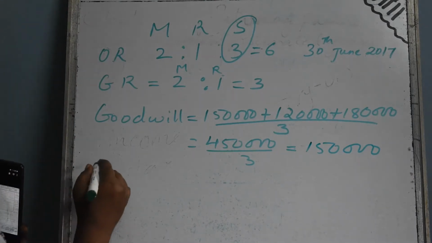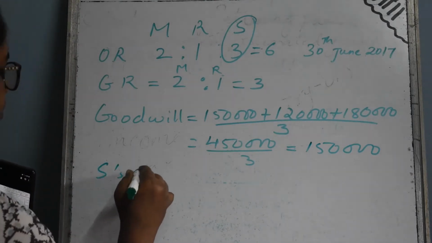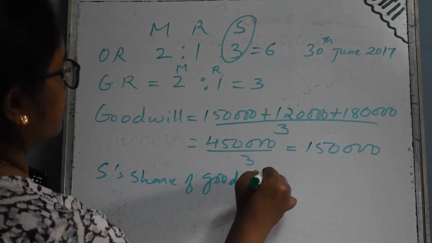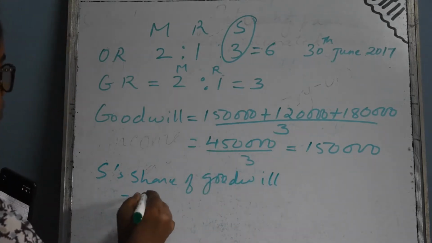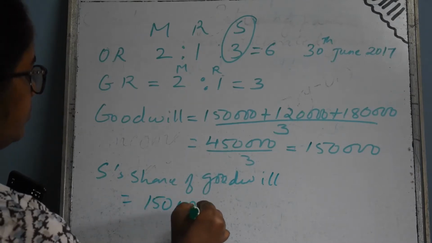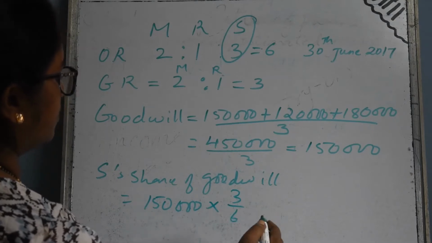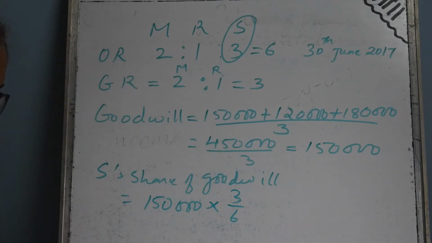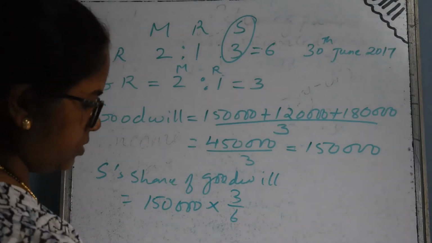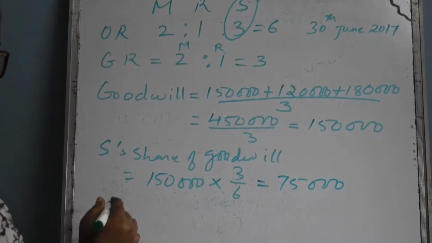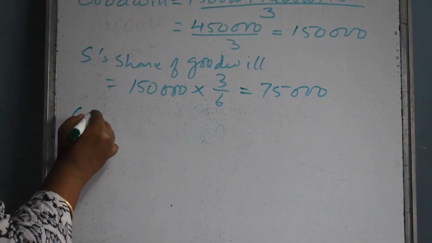So we have to take out the retiring partner's share of goodwill, which is equal to 1,50,000 multiplied by his share, 3/6, which is equal to 75,000. This 75,000 we have to distribute in the gain ratio.